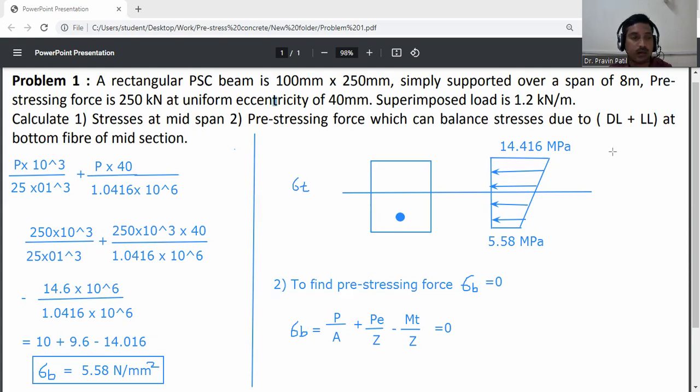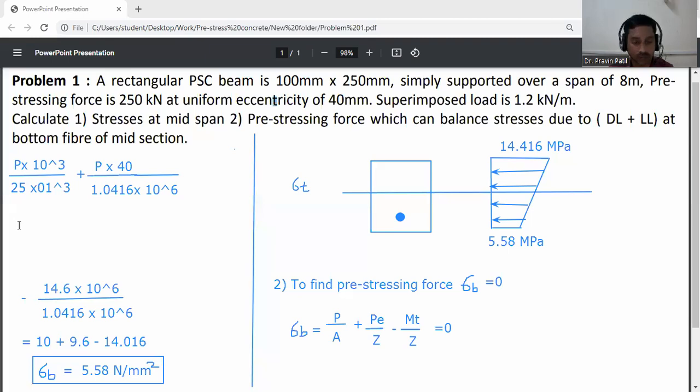Then at the bottom, minus M T by Z. M T will be 14.6 into 10 to the power 6 divided by Z, which is 1.0416 into 10 to the power 6, and this is equal to 0.